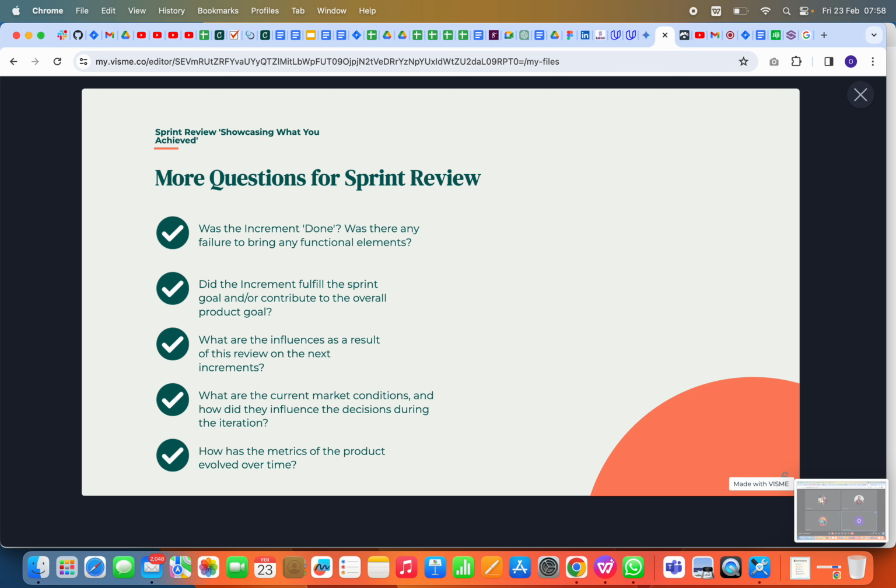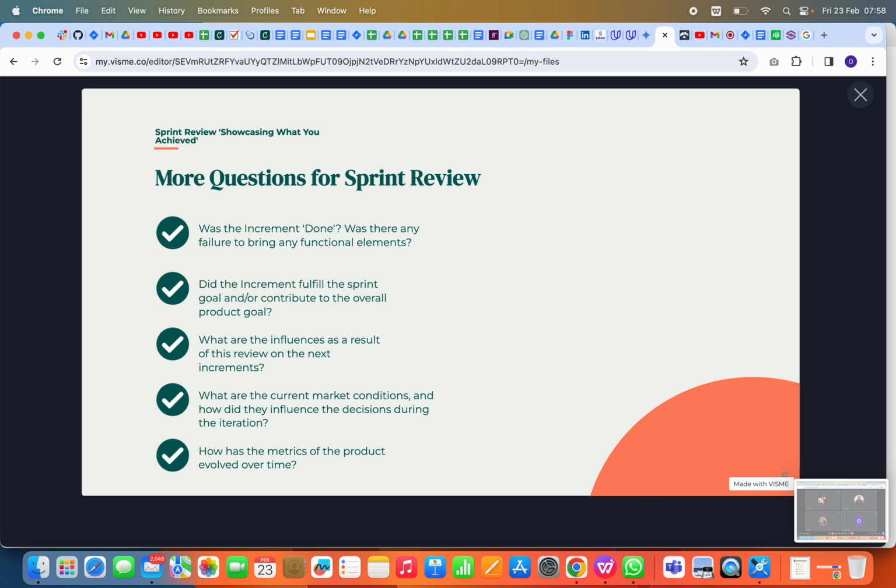So we are asking ourselves, this increment that we have worked on in the course of this sprint, was it done? Was there any failure to bring any functional elements? So the increments fulfill the sprint goal and or contribute to the overall product goal. Did our increment fulfill the sprint goal or contribute to the overall product goal?